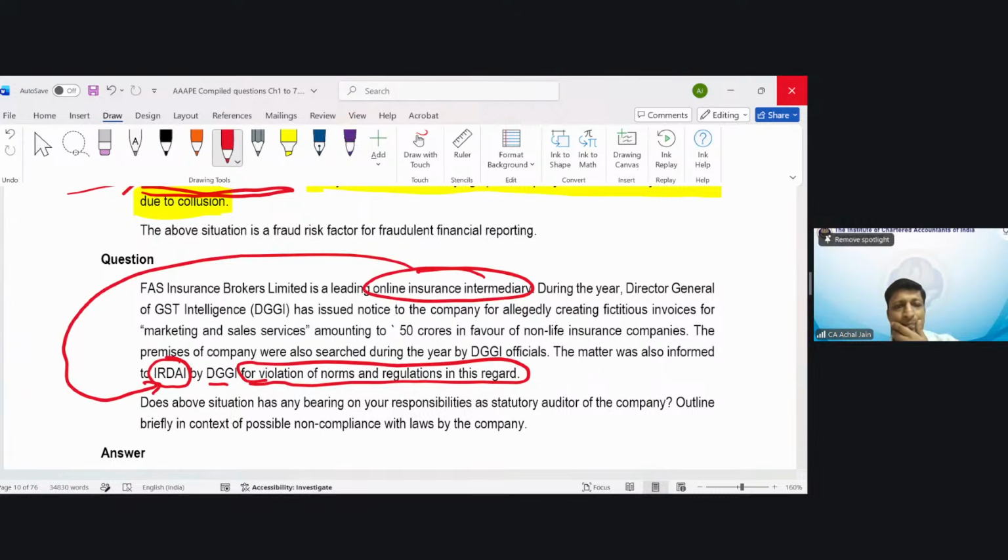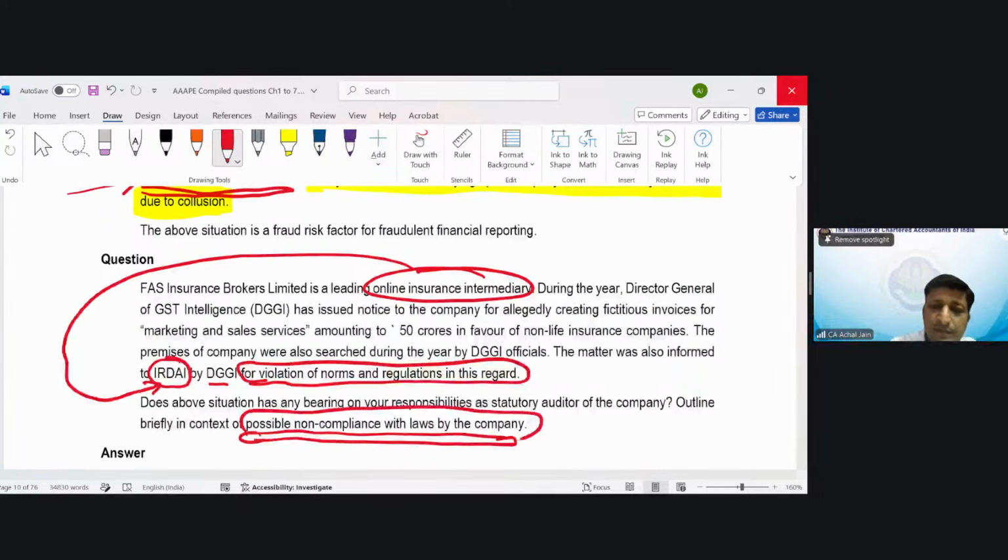Okay. Now, does the above situation have any bearing on your responsibilities as statutory auditor? Undoubtedly, yes. Outline briefly in the context of possible non-compliance with laws. Now, over here, we are looking at possible non-compliance with the laws.